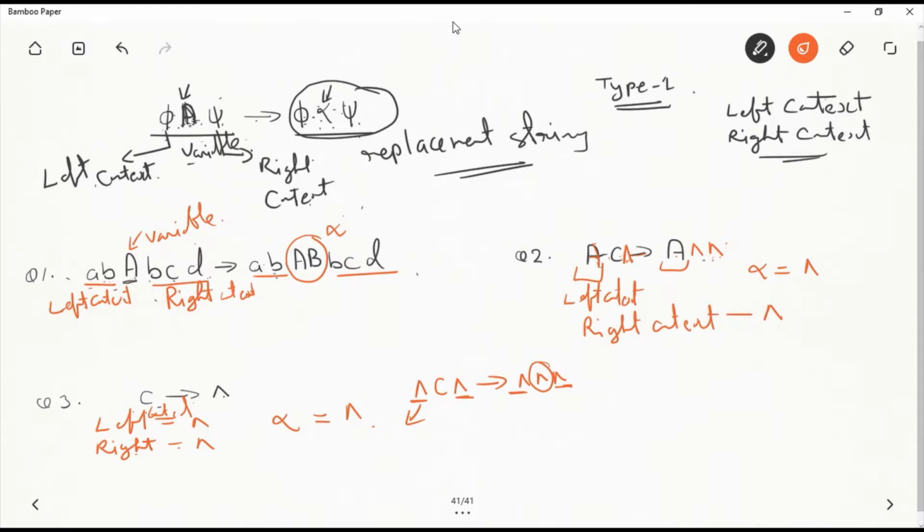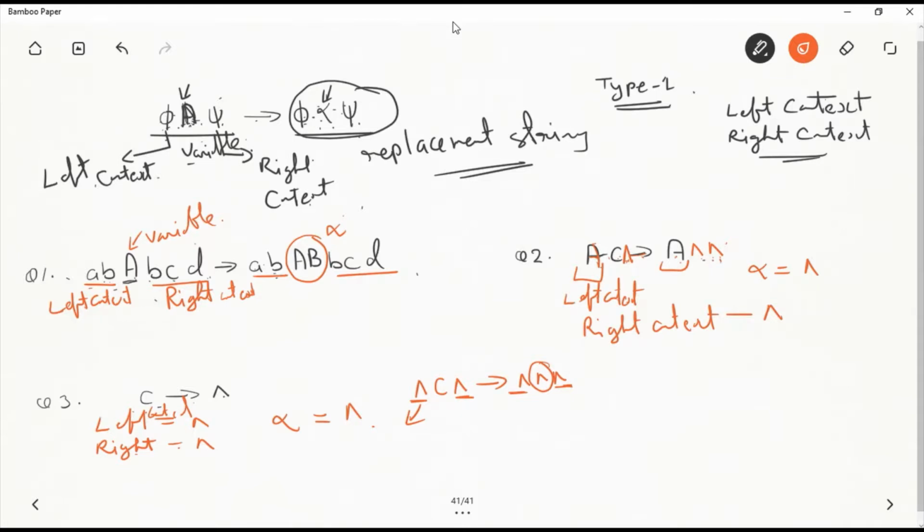Okay. Sir, please explain question number 2 again. AC epsilon is rewritten as what? A epsilon epsilon. लिख सकते हैं कि नहीं?